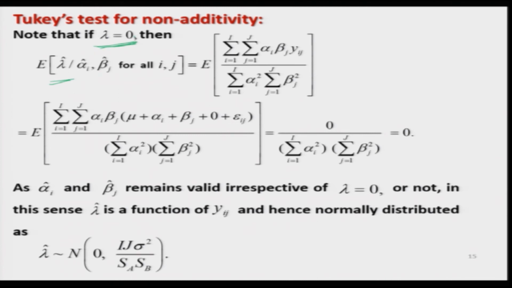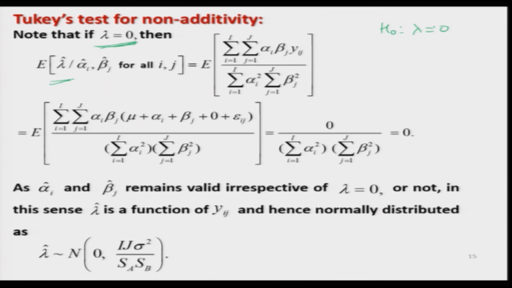I will just give you a hint why I am doing it now. I want to develop a test statistic. As soon as I write lambda is equal to 0, that is the statistic under H naught, because you have to remember you were trying to develop the statistic for testing the null hypothesis H naught: lambda equal to 0.